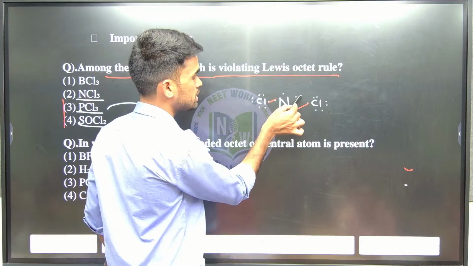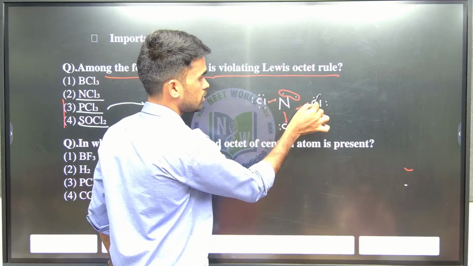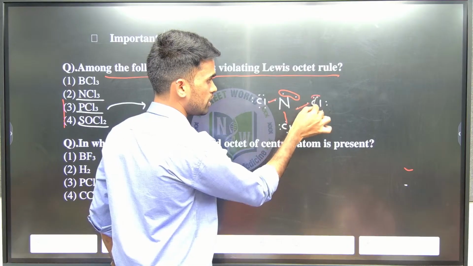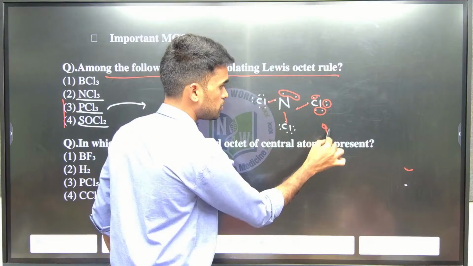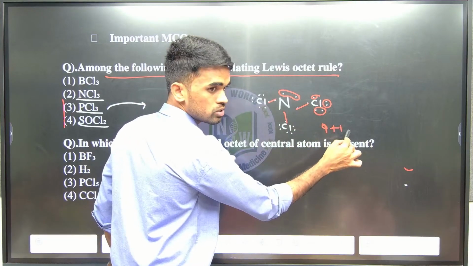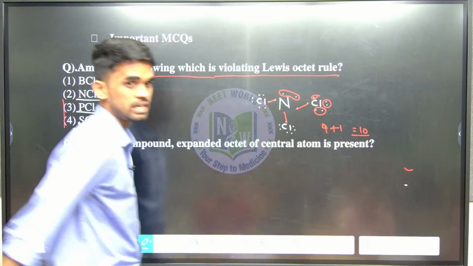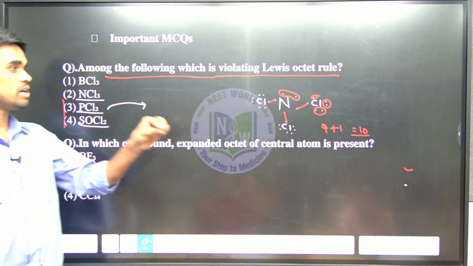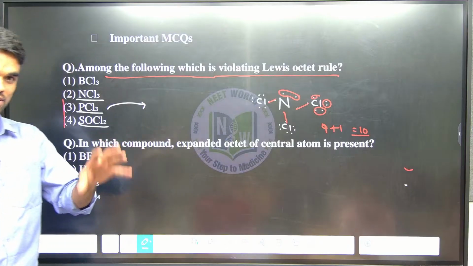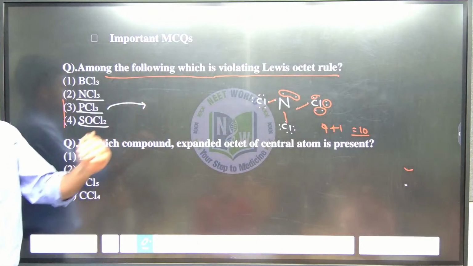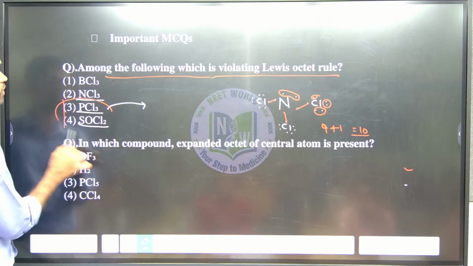What about lone pairs? See here, 1 lone pair on nitrogen, and each chlorine has 3. So 3 chlorines are there, so 3 threes are 9 plus 1 nitrogen lone pair. So 10 is your answer. Okay, is this clear? So this is one of the favorite questions in EAPCET, and favorite means that the examiner repeatedly asks it. If you go through the papers, you will get it. So you can do it for these 2 things also.